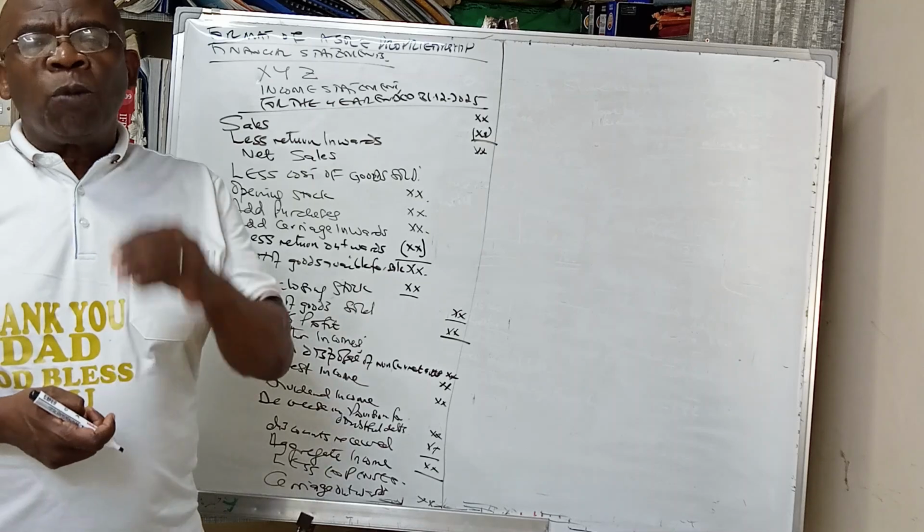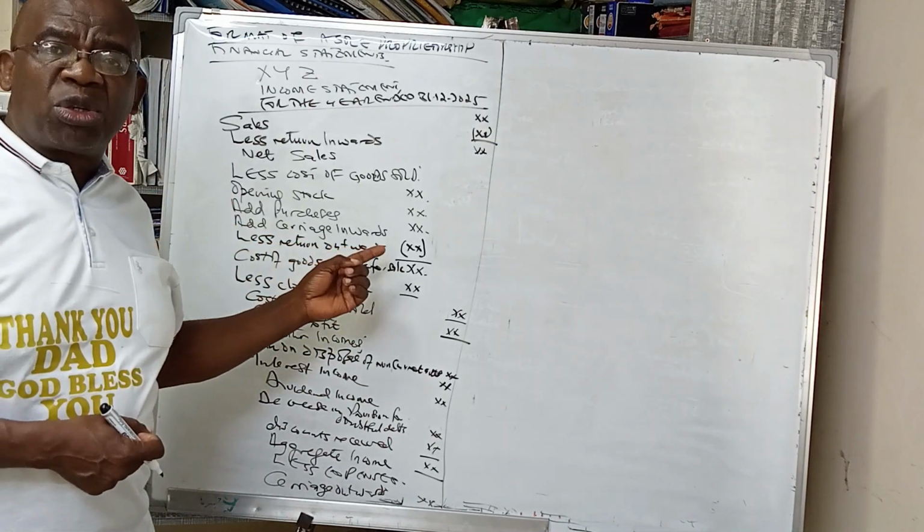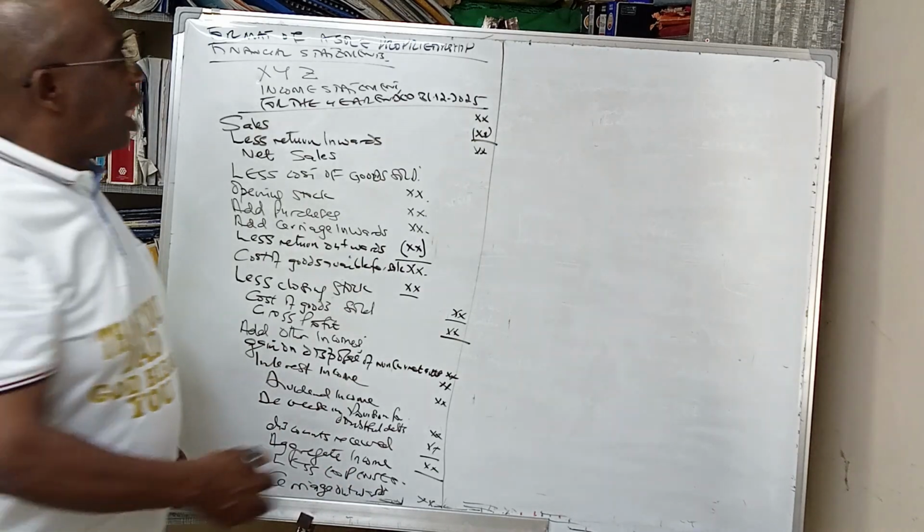We therefore need to know that carriage inwards is part of the inventory, but carriage outwards is an expense.